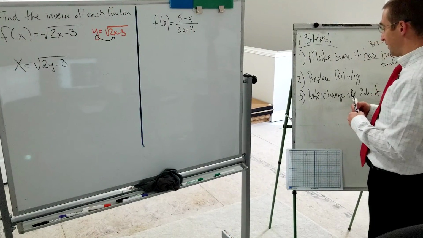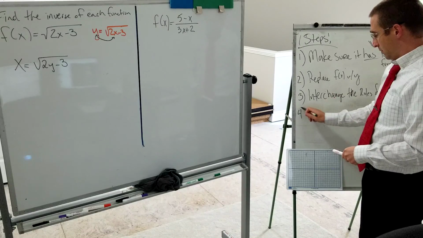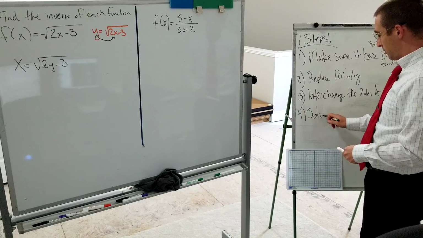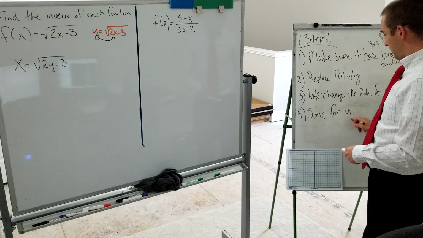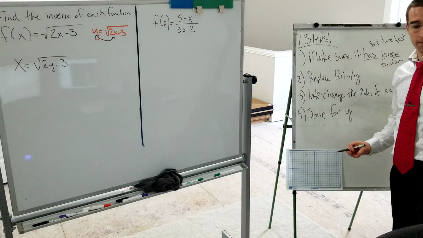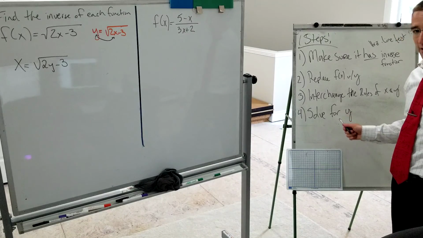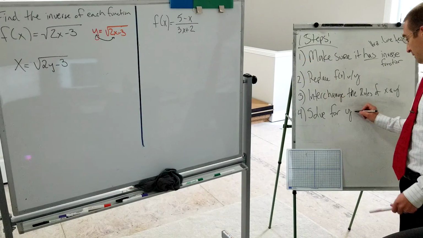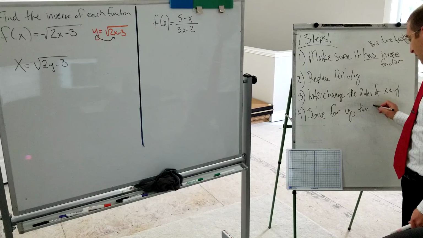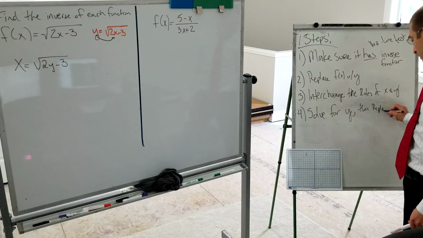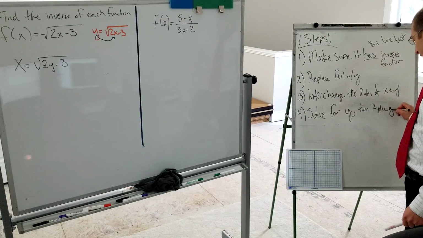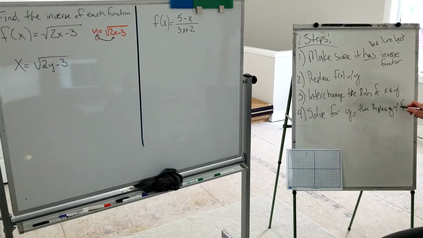And lastly, we're going to solve for y. Oh, sorry, this isn't quite last. We're going to solve for y in that. And then we will replace y with f inverse of x.